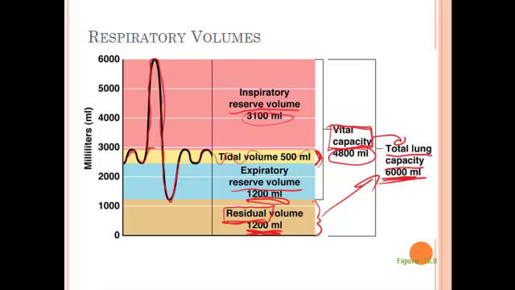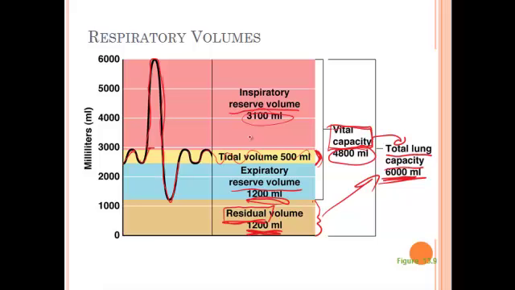Just one other thing to point out here on this slide is that the tidal volume is 500 milliliters, meaning that, again, you're pulling in 500 milliliters. Normal breathing, you're pushing out 500 milliliters. But remember, only that air that gets to the alveoli is the air that is going to be used to pull out oxygen. And so some of the air that we breathe in ends up in the trachea, in the bronchi, and the bronchioles.